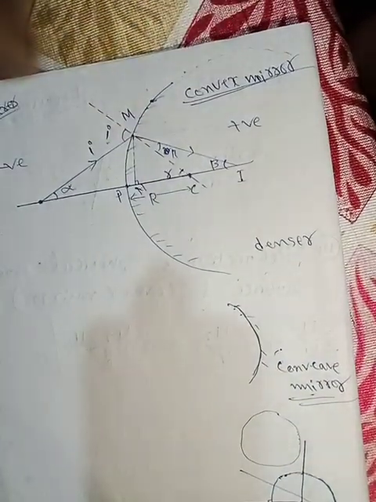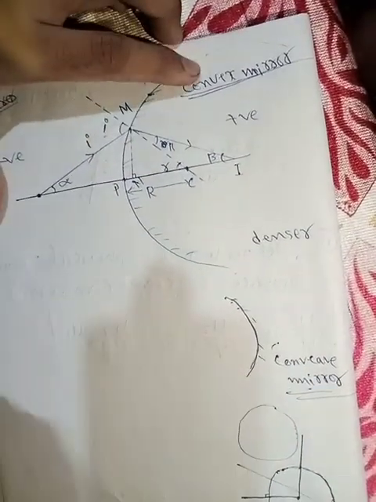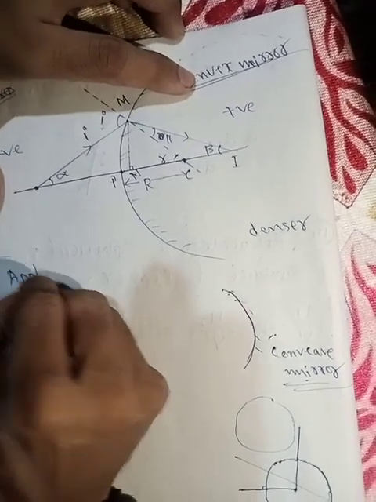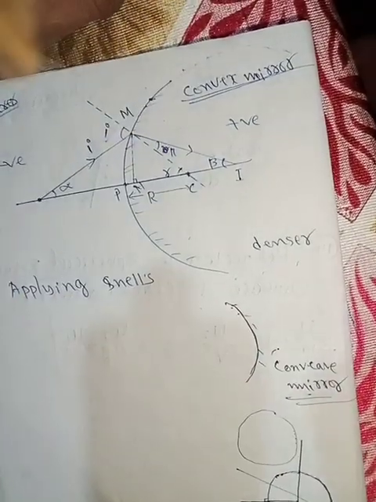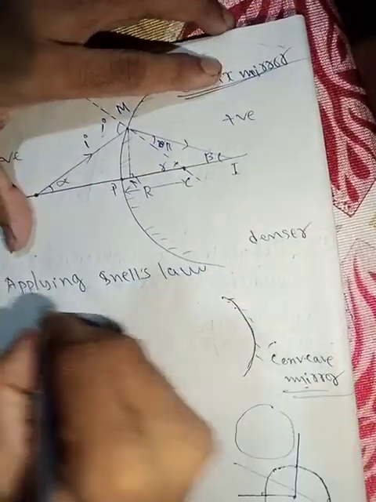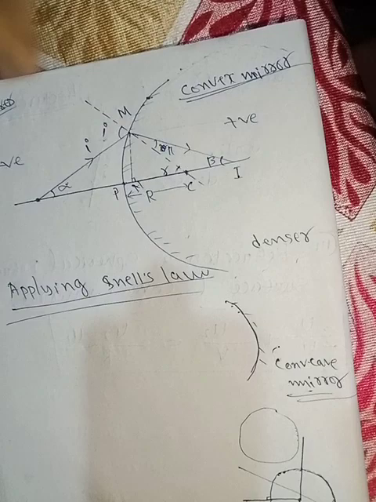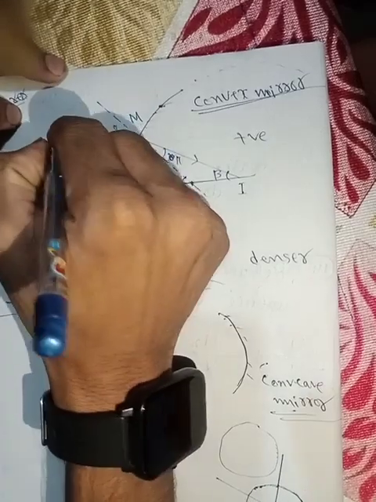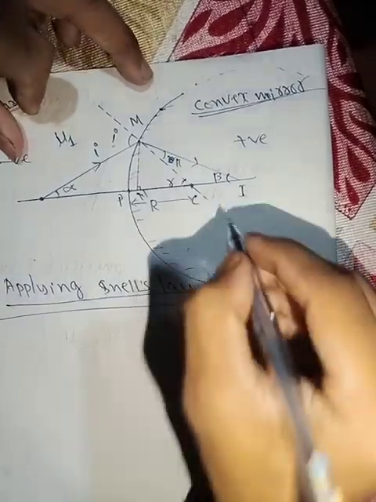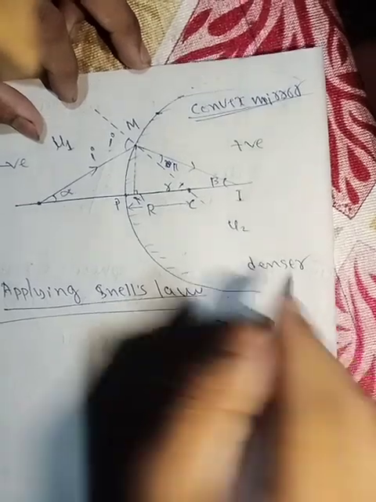Now you can apply Snell's law. Applying Snell's law, this is a rarer medium with refractive index mu1, and this is a denser medium with refractive index mu2, the glass of the mirror.